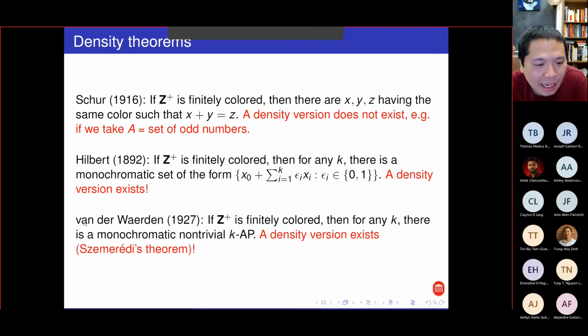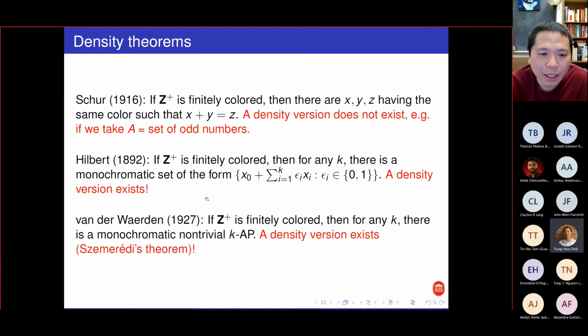Van der Waerden's theorem is not too difficult. You have to come up with really ingenious ideas to prove it, but nowadays you can prove it in say one page. And if you are a smart high school student, then you can understand the proof. And this is only in Z plus, right?